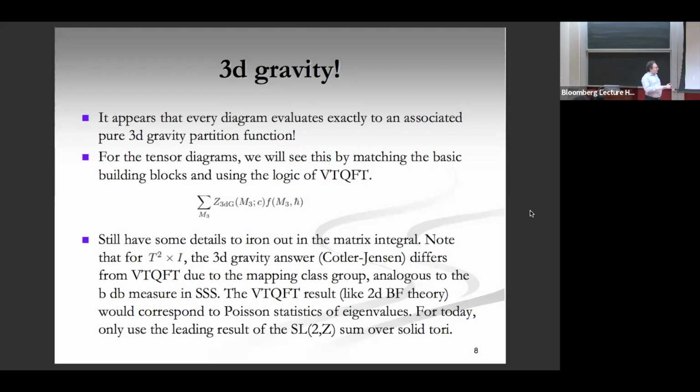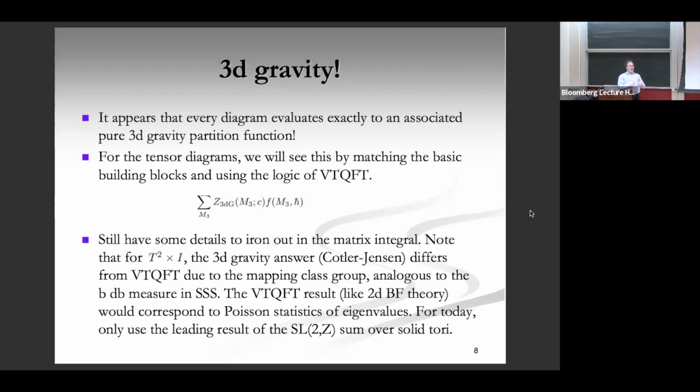If you're familiar with the Saad-Shenker-Stanford story, there's a b db measure in the gluing of geodesic cuts with length b, and the b in the db comes because there's a finite range of angular gluing. But if we study the TQFT, it would say that the range is from minus infinity to infinity.